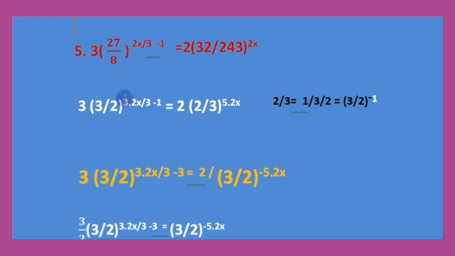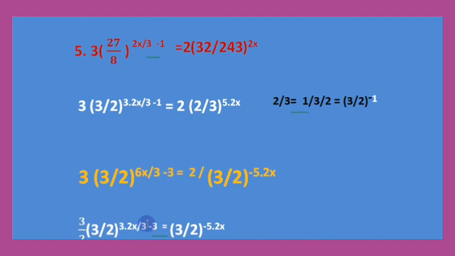Now we would multiply this part by 3. So it would be 3 times 2x, which is 6x, and this part will be minus 3.